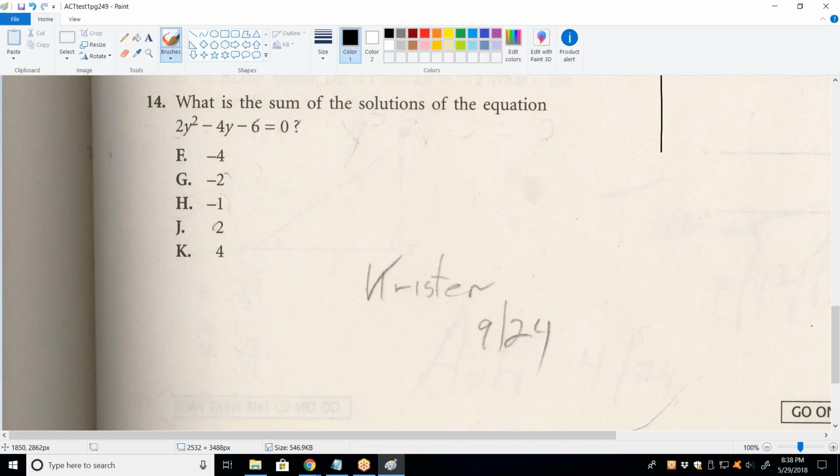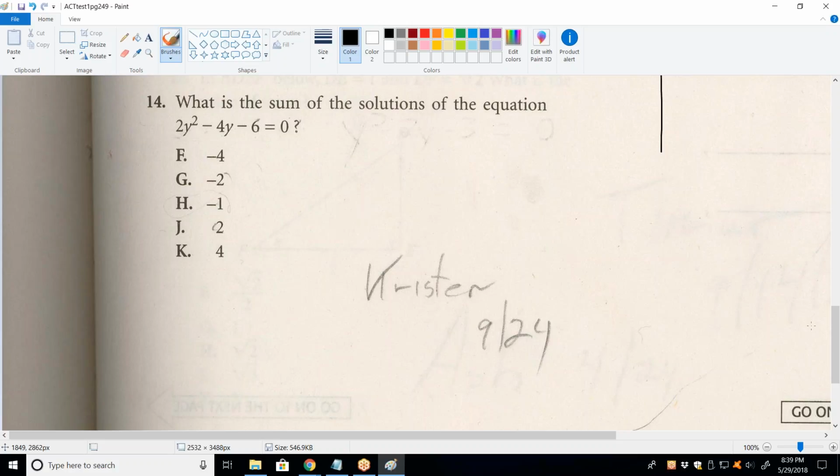14. Work me through this verbally out loud as to how you're going to do it. Quadratic, what does that mean?